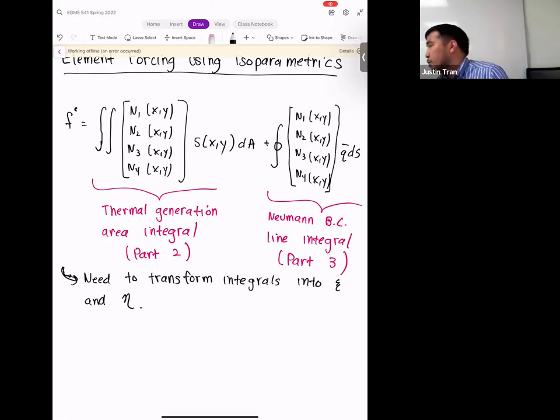The good news is that for these integrals, we have a lot simpler of a task because we don't have any derivatives.